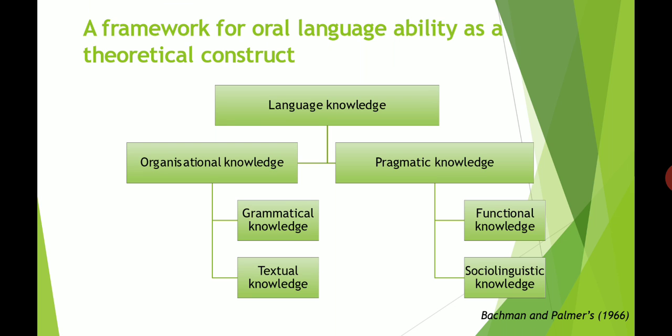And functional knowledge: children's ability to use language for many different functions needs to grow. And then sociolinguistic knowledge: children need to learn to use oral language appropriate to the language use situation that they are in. So there is some knowledge that children have to know.